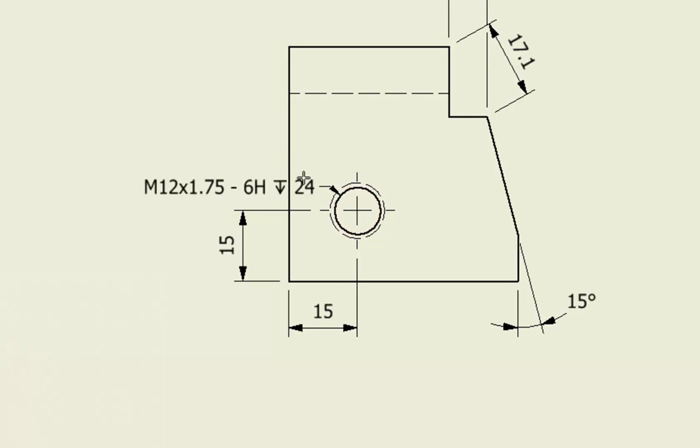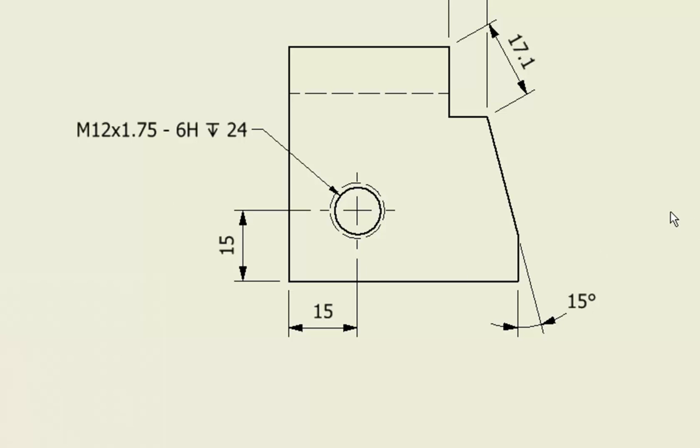So I'll just left click either of those, and I can put my thread note up here, and you can see that it automatically puts in M12, our diameter, by 1.75, our thread pitch, 6H, which is the fit class, and then a depth of 24 millimeters. So that would give the person operating the equipment that's making this part all the information they require, and it's certainly a lot easier than having to put dimensions for depth of holes and all that sort of stuff.